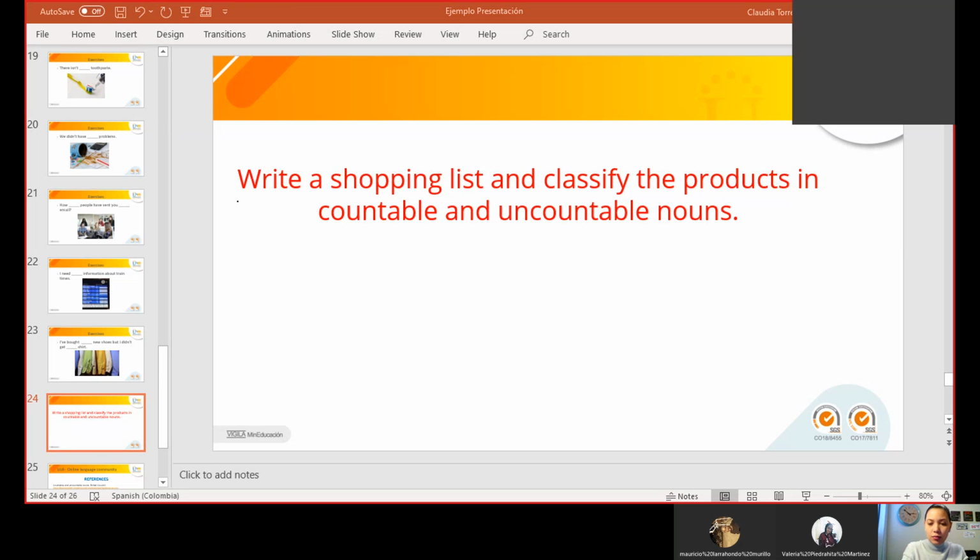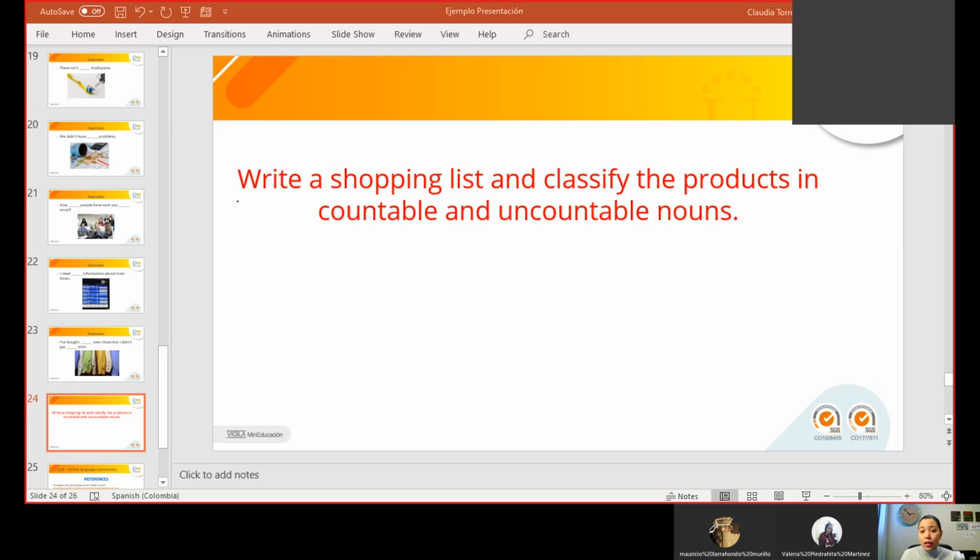Uncountable nouns, like rice. Countable nouns are the ones that you can count. You can say 1 apple, 2 apples, 3 apples, but uncountable nouns you cannot count. That's why you have rice, beans, things like that.